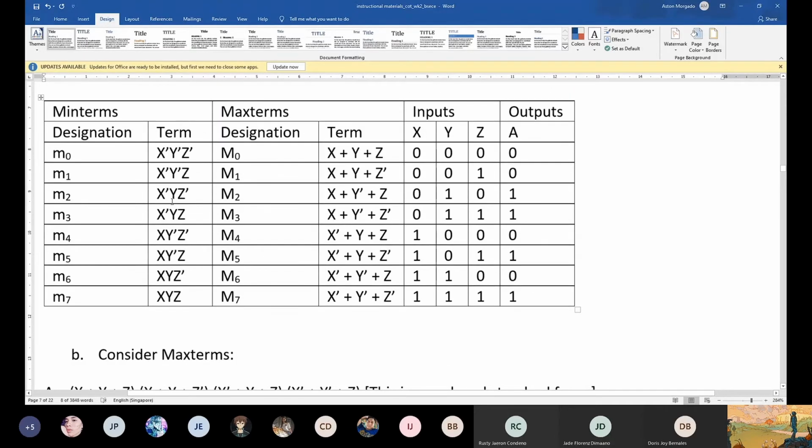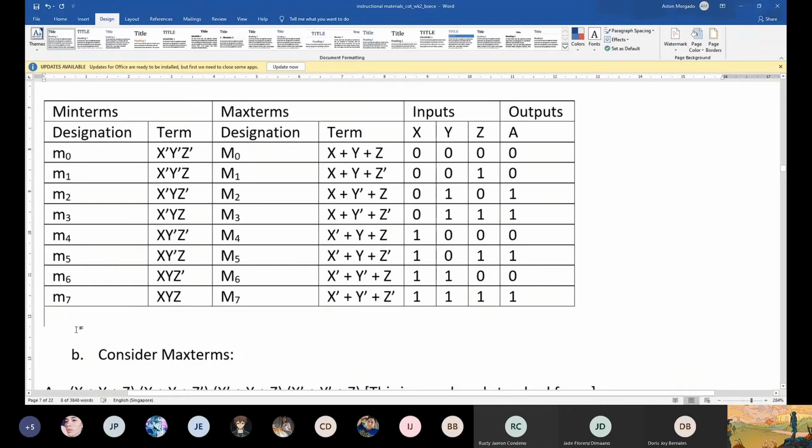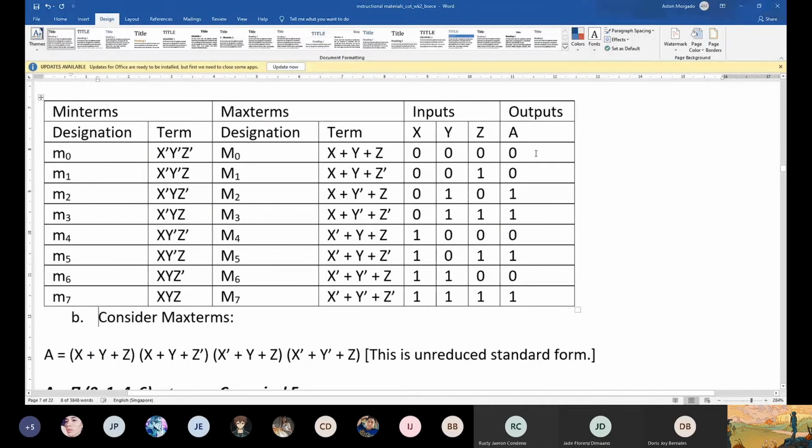How about if we're going to consider maxterms for A? Maxterms correspond to output of 0. So we have maxterm 0, maxterm 1, maxterm 4 and maxterm 6.